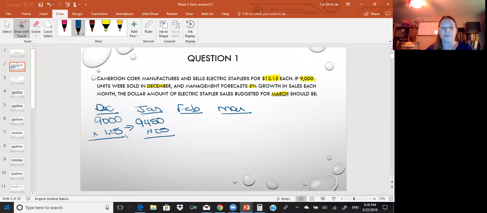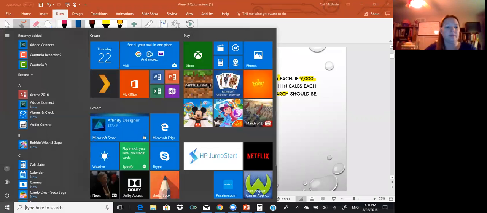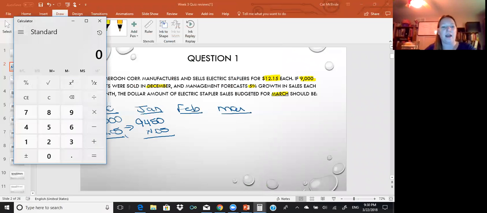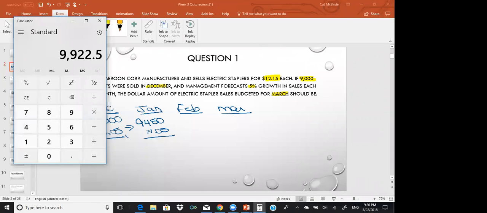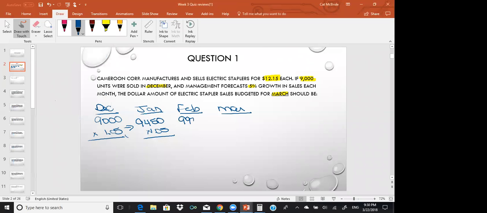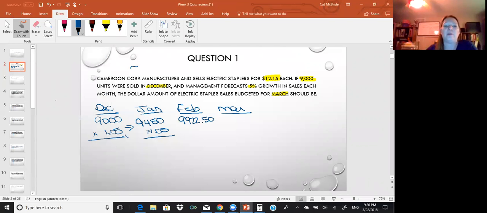And then for February, I'm going to take 9,450 times 1.05. So 9,922.5. Why is it 1.05? Because I expect it to go up 5%. So 5% equals 0.05.